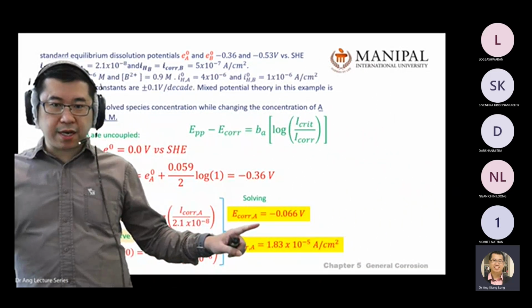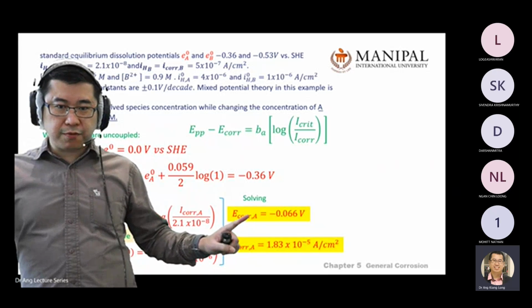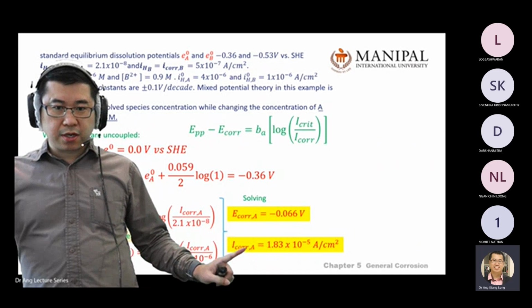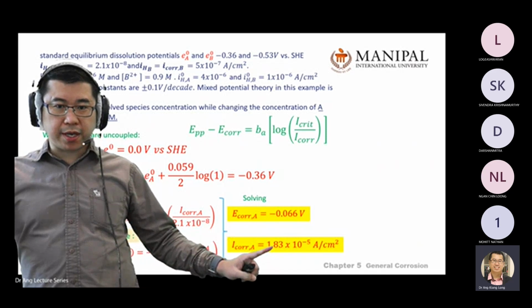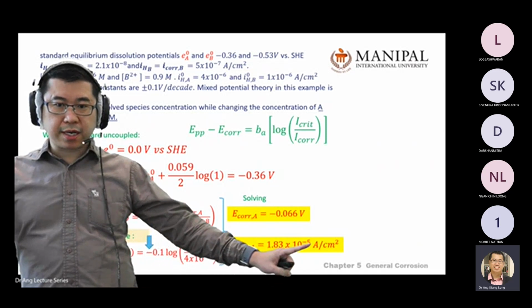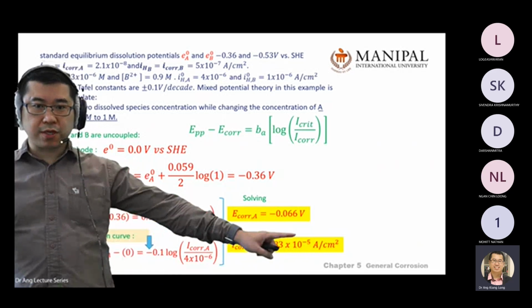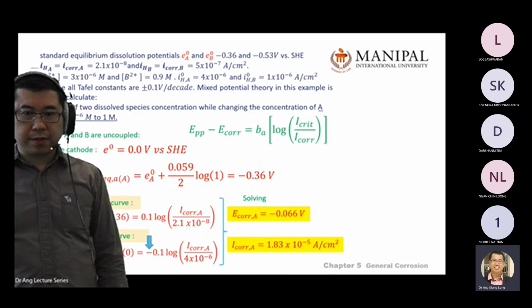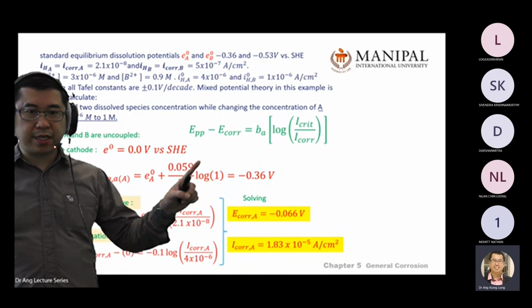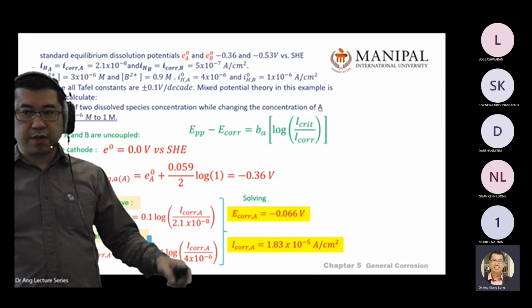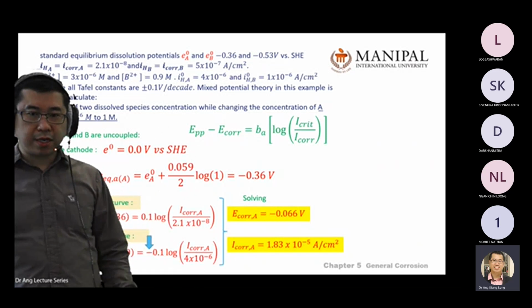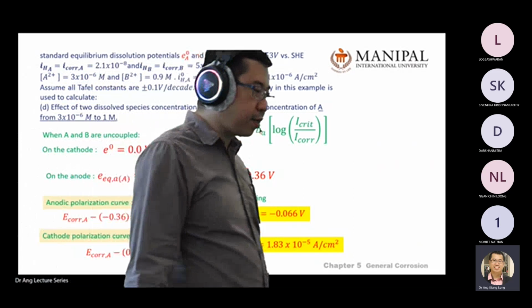Corrosion potential for A equals negative 0.06 volt. Corrosion rate for A will be 0.83 times 10 negative 5 ampere per cm square. So compare this answer D with section B. What happened to the corrosion if you increase the A?